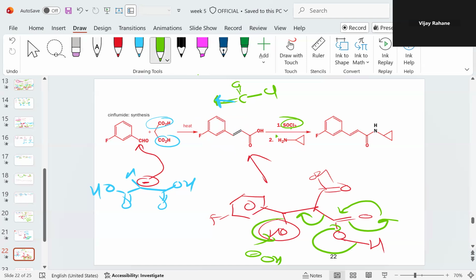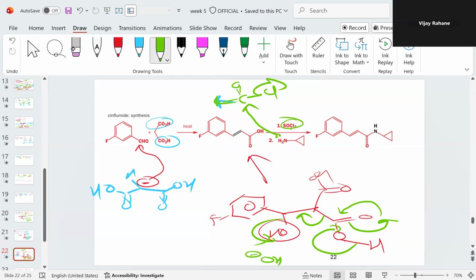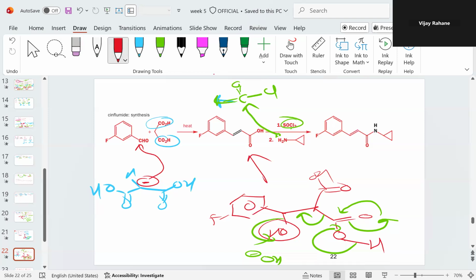This amine can attack on this acyl chloride, this chlorine gets eliminated, and we get our target molecule. So this is the synthesis for this synfumide molecule.